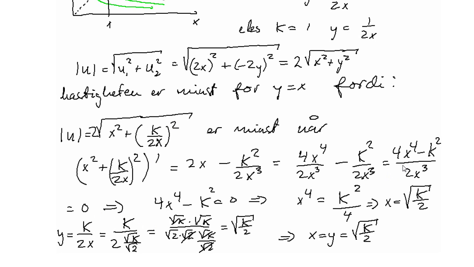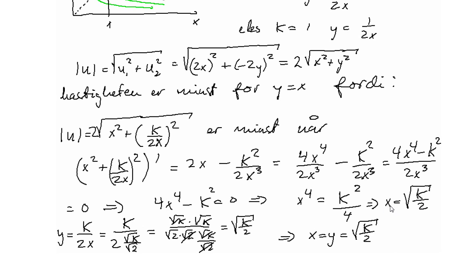Then this must be equal to 0 also, so we obtain that x to the power of 4 must be equal to the square of capital K over 4. And therefore x must be equal to the square root of capital K over 2.